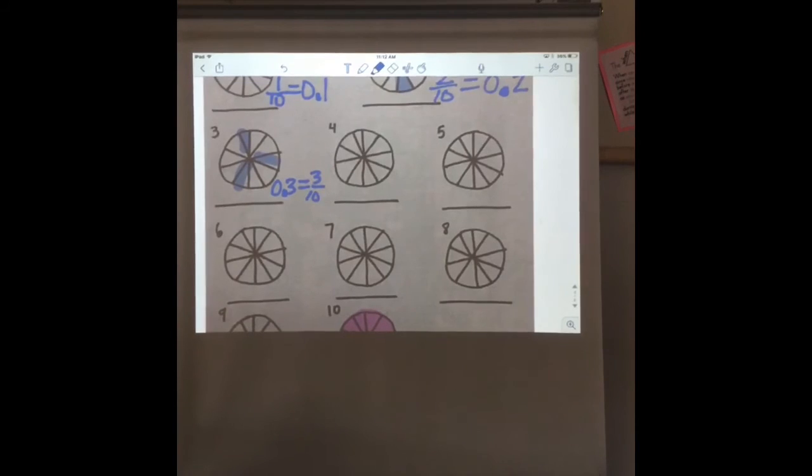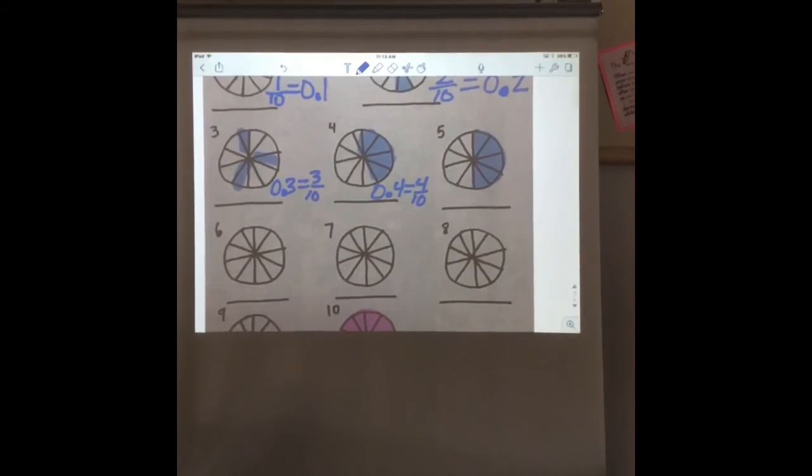Okay, good job. And what if I did 1, 2, 3? How many would I have now? 4. How do you want to write it? 0.4, which would equal 4 over 10, right? Okay, and this would be, ooh, somebody said it.